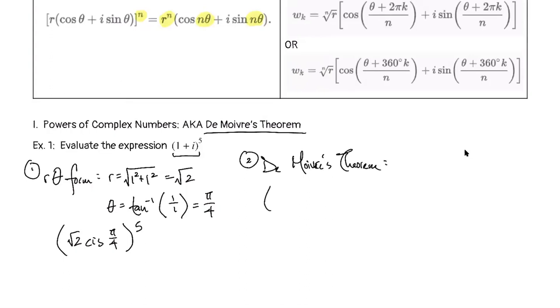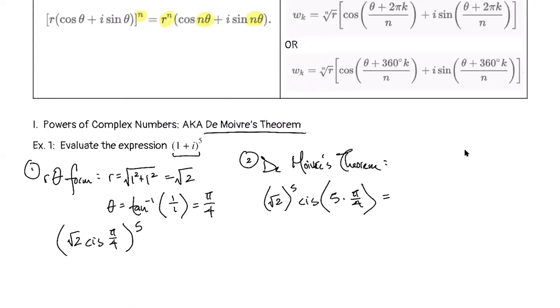So root 2 to the 5th power. And then I'm not going to take pi over 4 and raise it to the 5th power, but I'm just going to take pi over 4 and multiply it by 5. So whatever my n is, I multiply that.